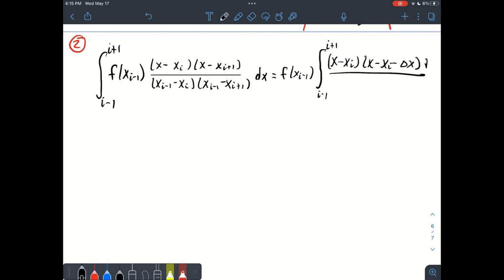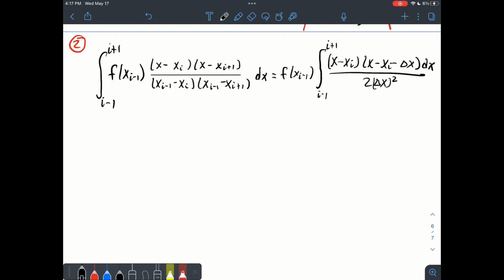We have the dx over there, and then we're going to divide by xi minus 1 minus delta x. This is going to be minus delta x. And then over here we're going to have xi minus delta x minus, what do we have here? What is this guy? We have 2 delta x squared.